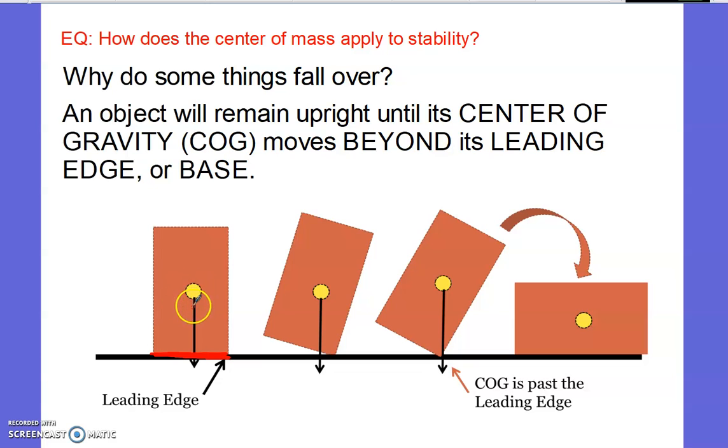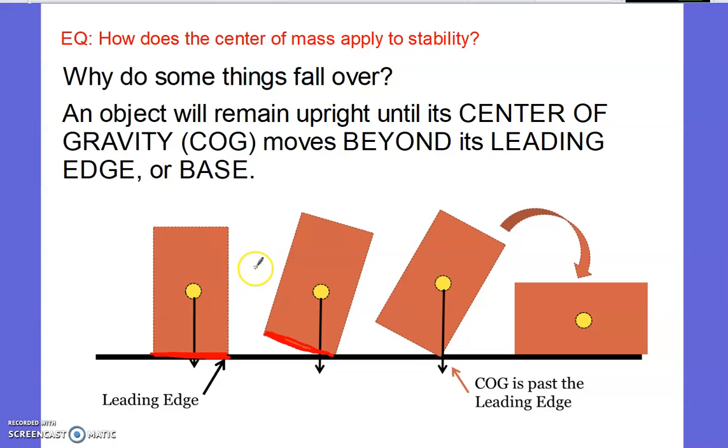And if we draw a line straight down, we see that it's over top the base, and therefore it is considered stable. In this scenario, the center of gravity is still over the base. And here's the base of the rectangle. So center of gravity is still over the base, and so this object won't fall over.